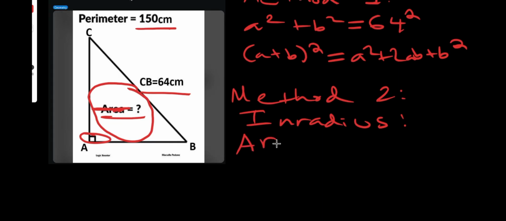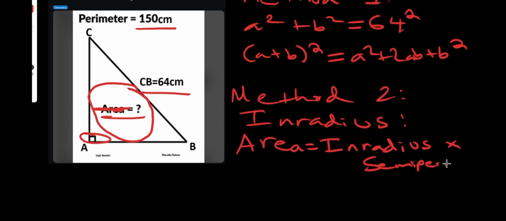It's because another formula that is used to find the area of a triangle when given the perimeter is area is equal to inradius times semi-perimeter. Now you're probably wondering what semi-perimeter is, and I'm going to explain that real quick.